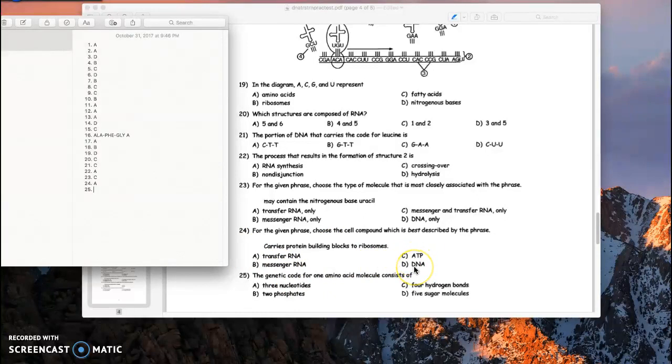ATP is cellular energy, and DNA is the cellular information for cells. The genetic code for one amino acid consists of 3 nucleotides. So a codon, the genetic code, is made of 3 nucleotides.